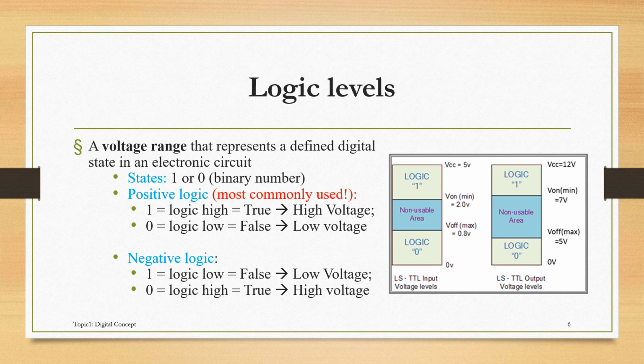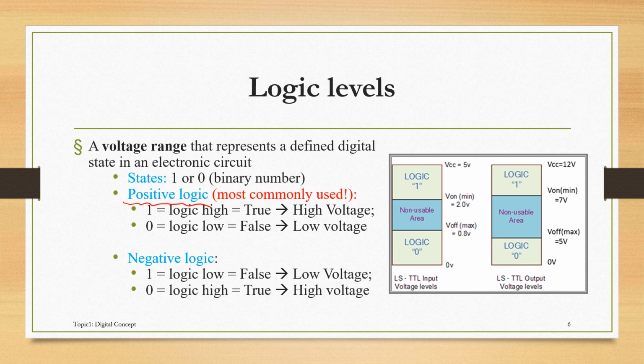State 0 is defined as logic high or true state, corresponding to the high voltage range. Unless specified for a given system, we always assume positive logic is used by default.